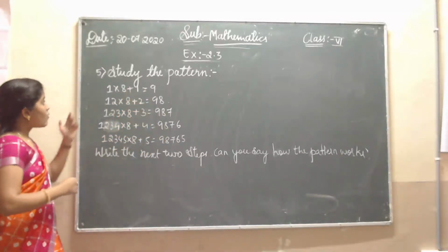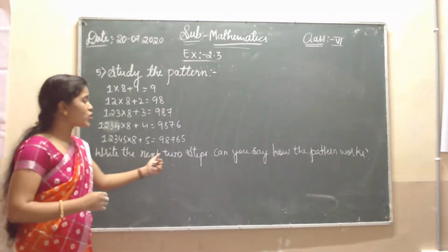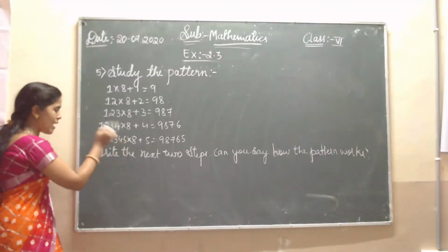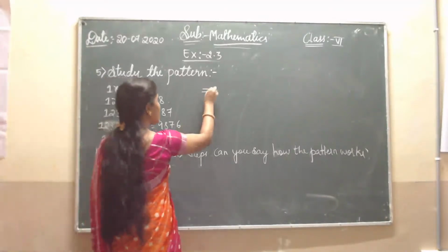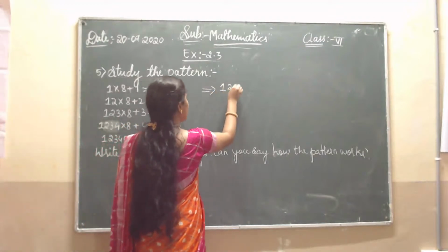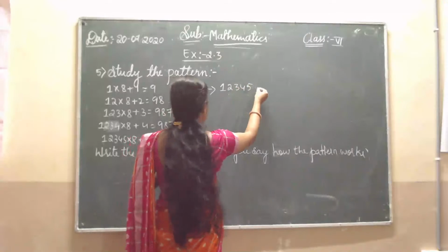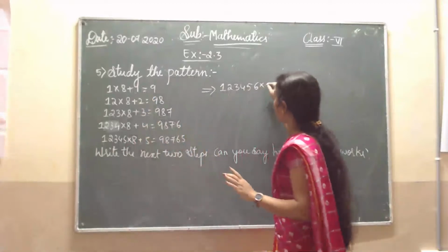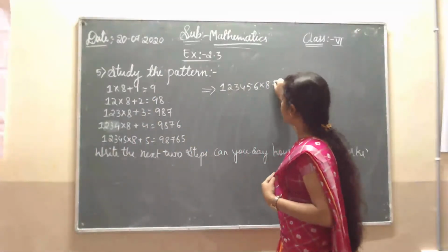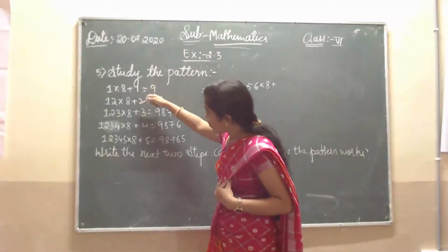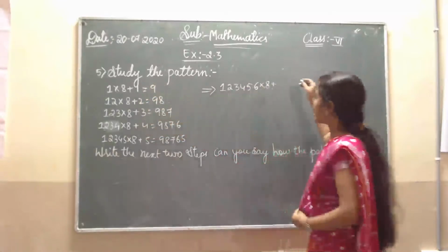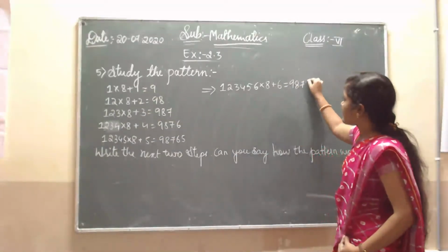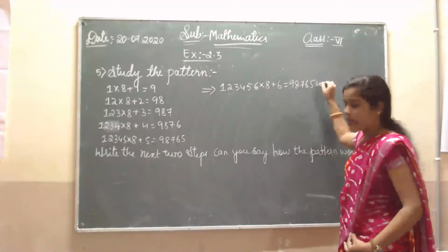What do they ask? Write the next two steps. What will come in the next two steps? After 12345, the next step is 123456. Next column 8 remains the same. So 8 plus the increasing number, here 6, equals 987654.